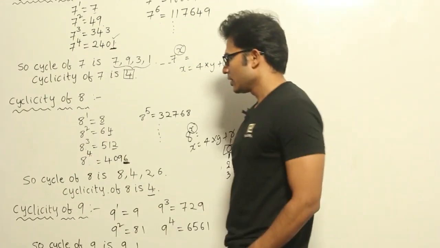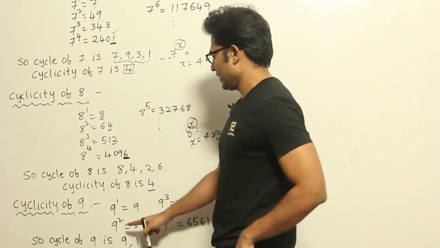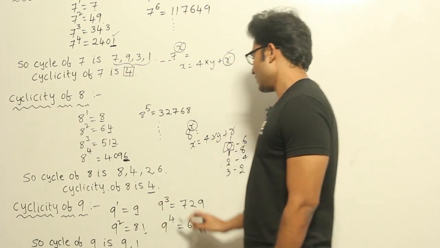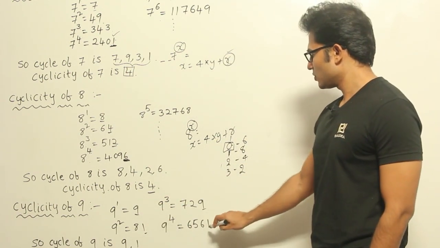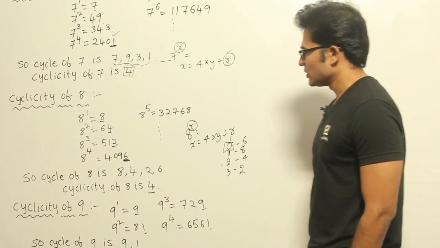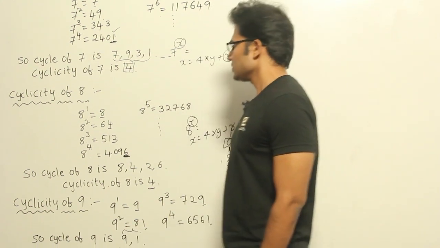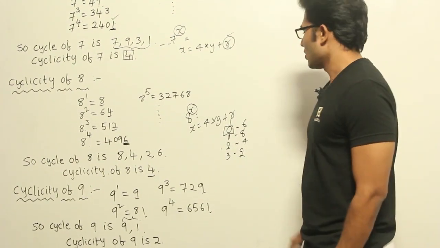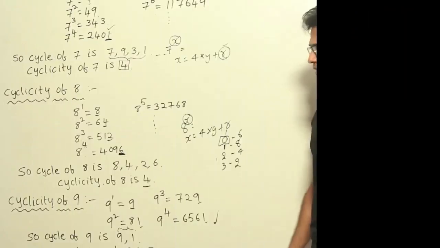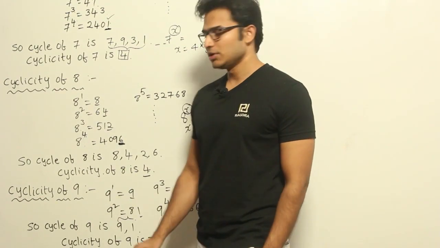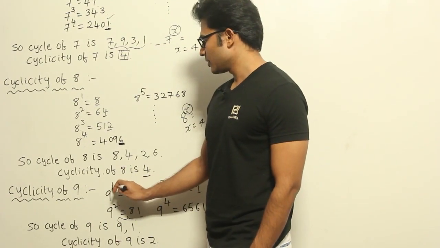And coming to 9, 9 power 1 and 9 power 2 are going to give you 9 and 1. Again if I find out for 3 and 4, they are again going to give me 9 and 1. Therefore the cycle for 9 is 9, 1, and so the cyclicity of 9 is 2. Got it? Now whenever you see a number with cyclicity 2, it is better you remember it this way.